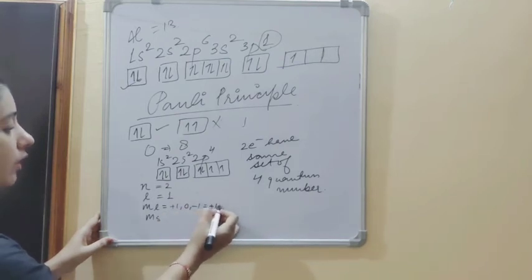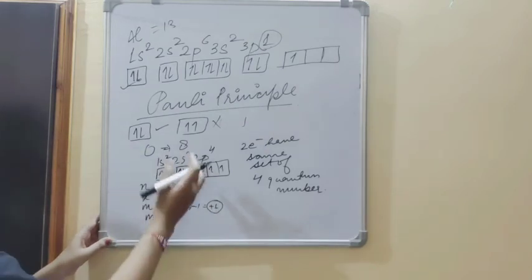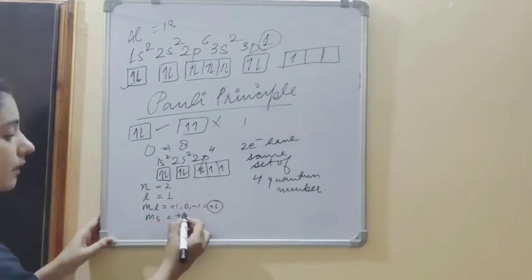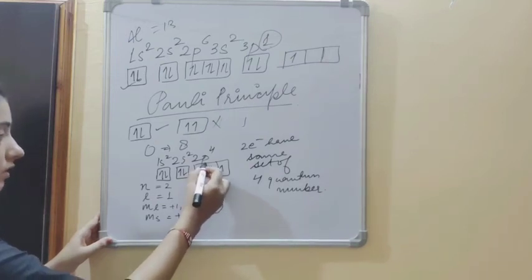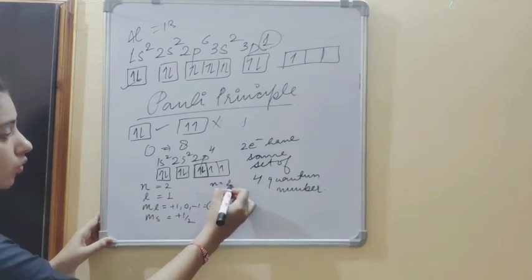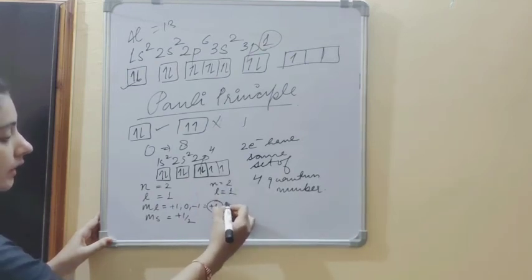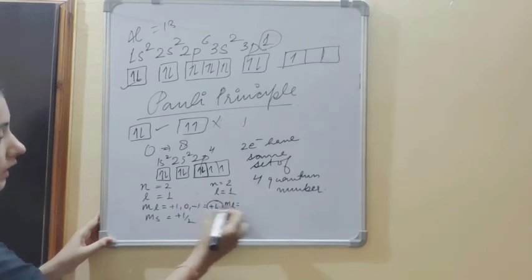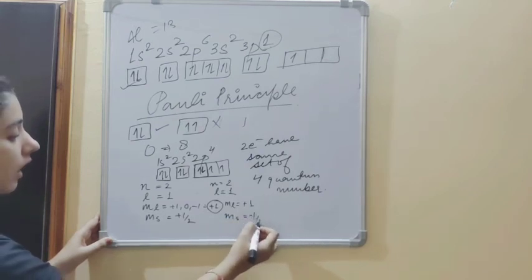So the ml value is plus 1 and the ms value, the spin of the electron in this orbital, is plus half. Again we will take the other electron of this orbital, where the n value is 2, the l value is again 1, the ml value is again plus 1 and lastly the ms value is minus half.